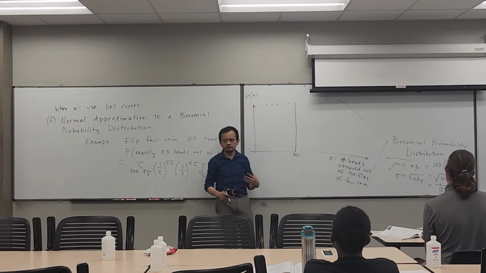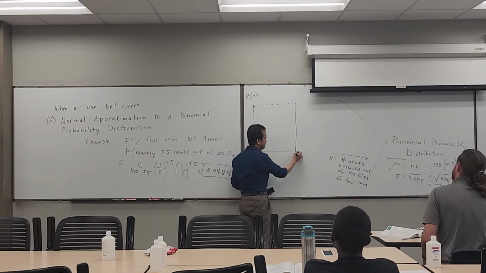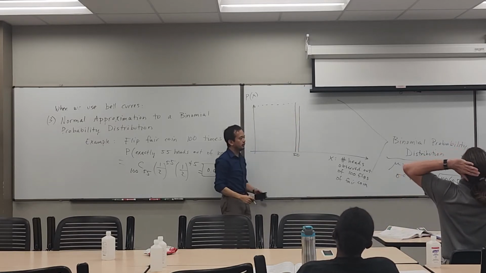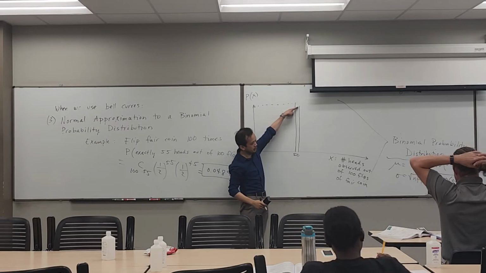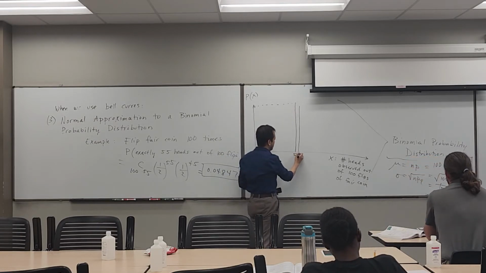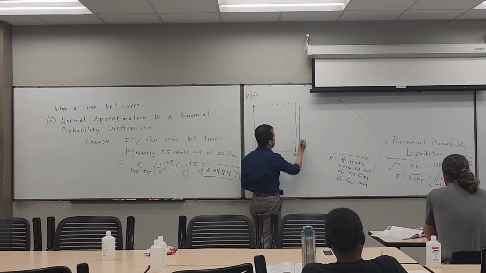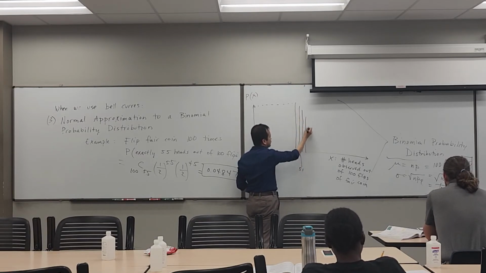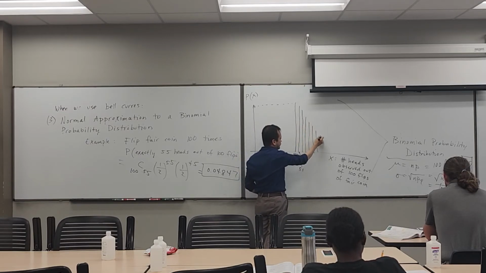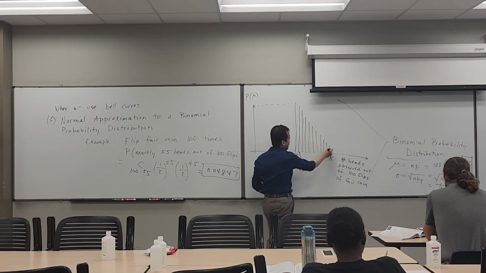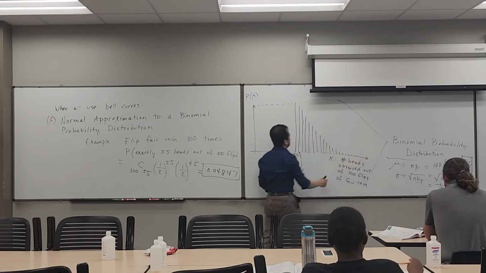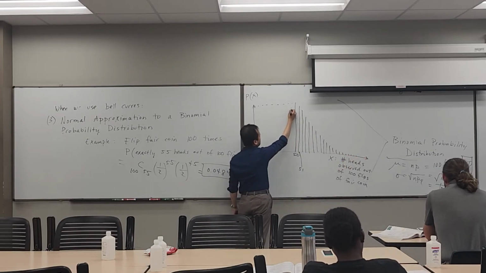No. You very well could observe 51 heads for a fair coin if you flip it 100 times, but it'll be less likely. The probability will be lower, which is indicated by the height of this bar being lower. And same thing, as you move further and further away from 50, the probability gets less and less that you actually observe that number of heads out of 100 flips for a fair coin. And same thing for the other direction.